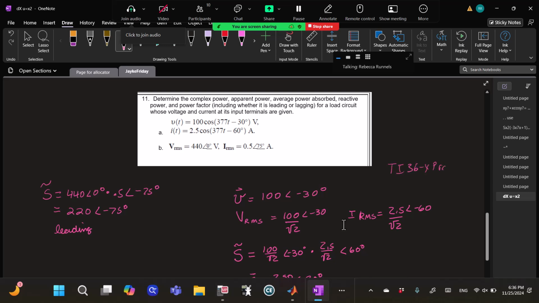It only costs about $20 and pretty much does everything you need it to do. And I find it the best of all the calculators, including my fancy $200 calculators, for doing complex numbers.